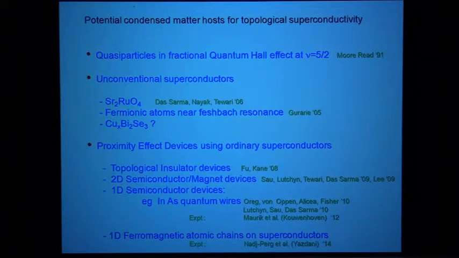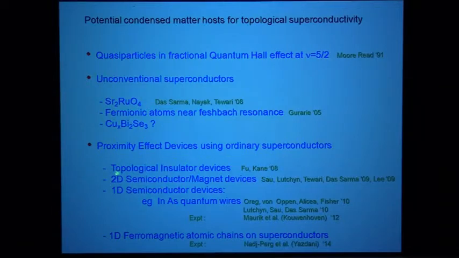Another idea is, what if we just use an ordinary superconductor, but combine it with some other kind of material that has topological properties? We can induce superconductivity in that other material using the proximity effect. Here there's been a fair amount of effort.